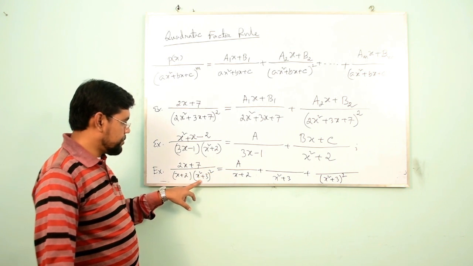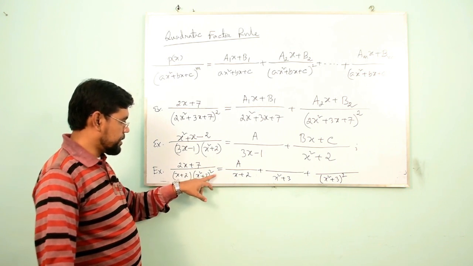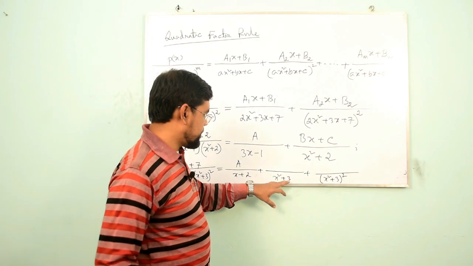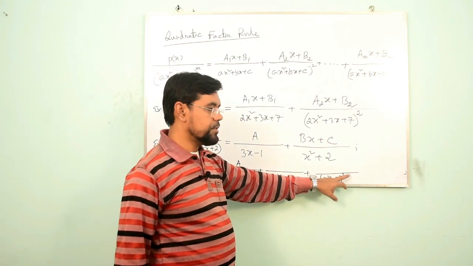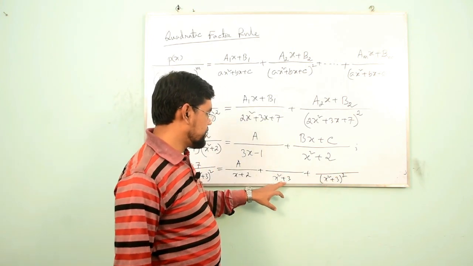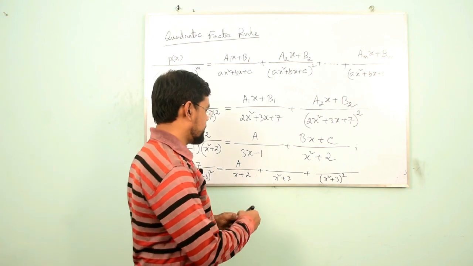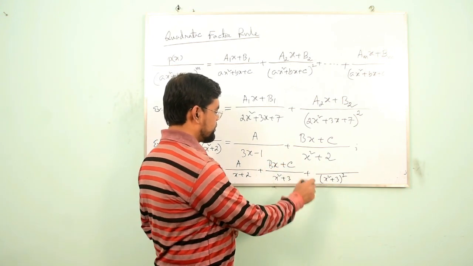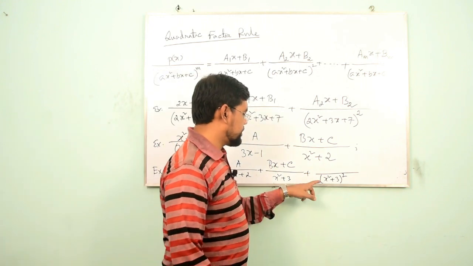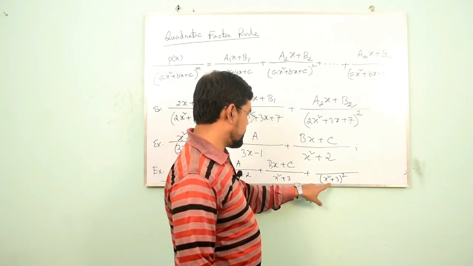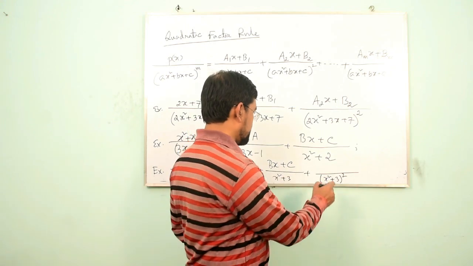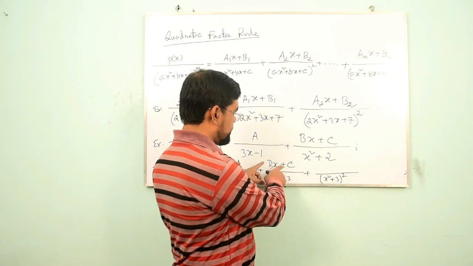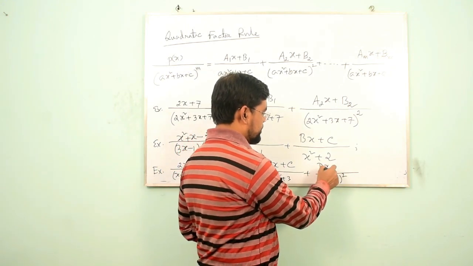The other two are for x² + 3 and (x² + 3)², and since these are quadratic, the numerators should be linear. You already used a, b, c, so it should be dx + e.